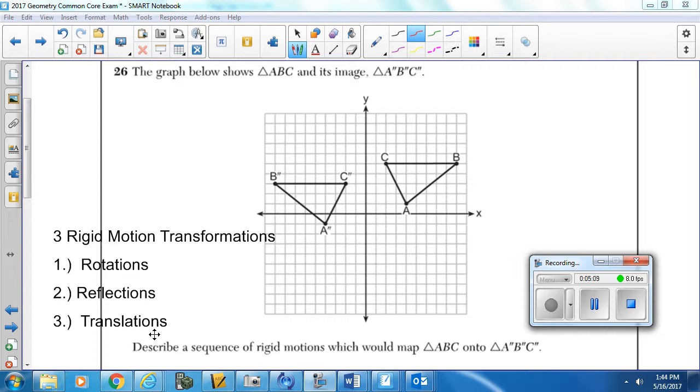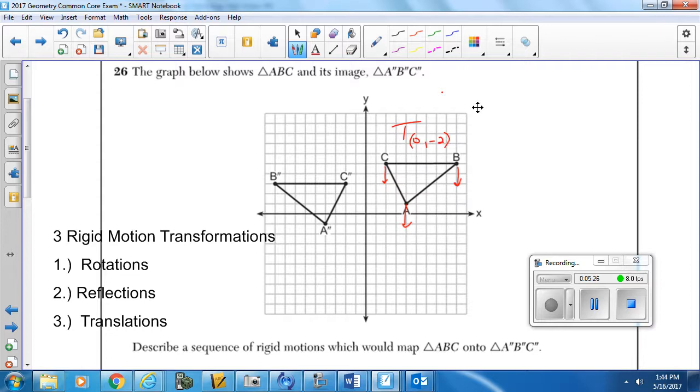So if I took this point C, if I took all these points and moved them down, right? So if I translated them down, it would be a translation of 0 and then -2.